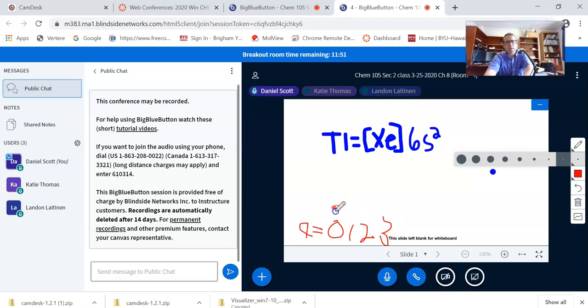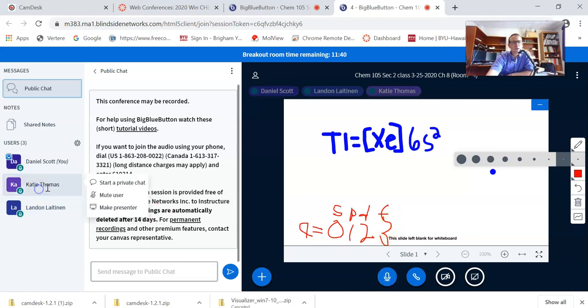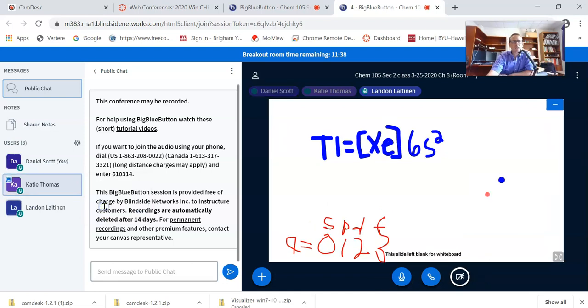So this is s, p, d, and f. So if l equals 3, then what's the first n value for l equals 3? What's the lowest possible n value for l equals 3?